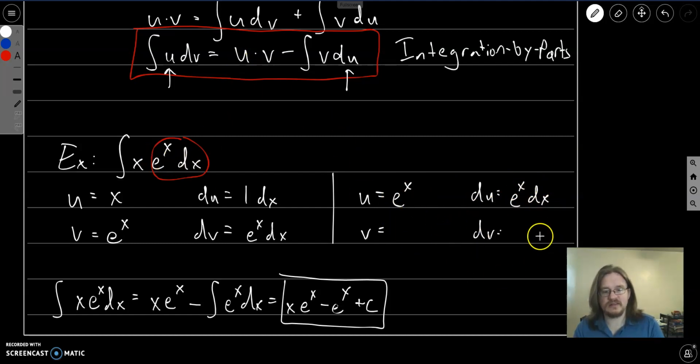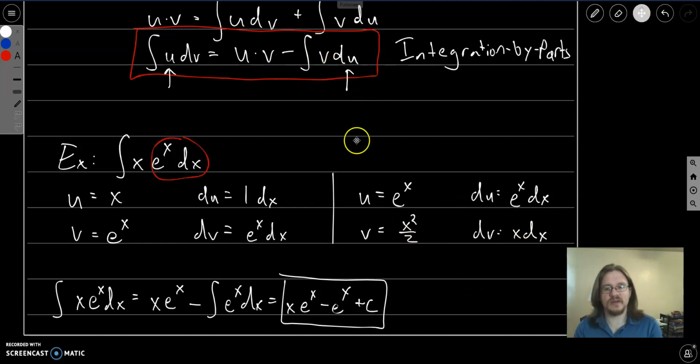And that would mean that the rest of it, x dx, is going to be my dv. And when I integrate this to get back to v, the integral of x is just going to be x squared divided by 2. Again, we raise it to the 1 higher power and divide by that power.